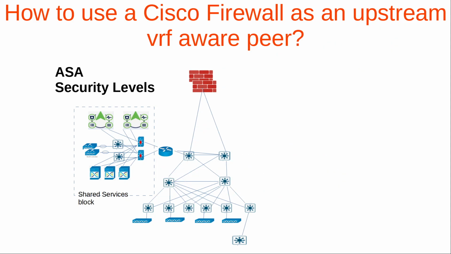Now, another way to do it is that remember that you can create security levels with ASA firewalls. These come from PIX firewalls. PIX firewalls were able to do this.